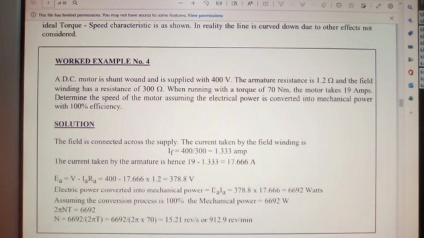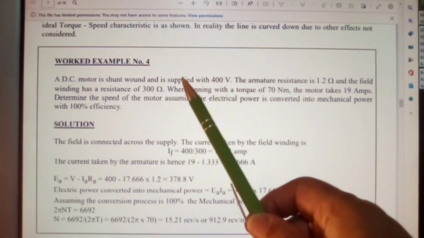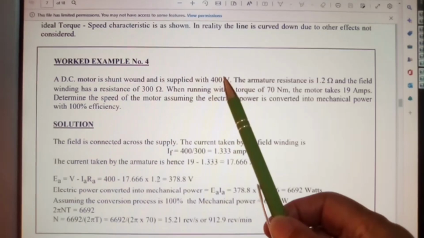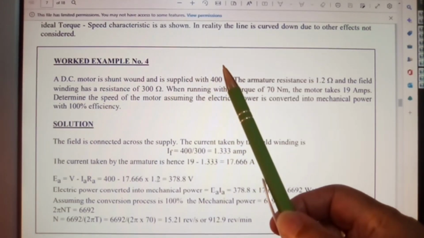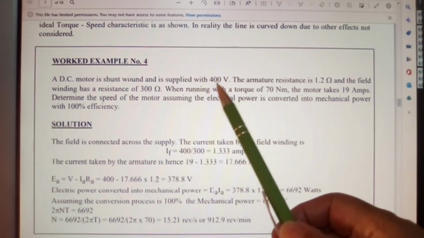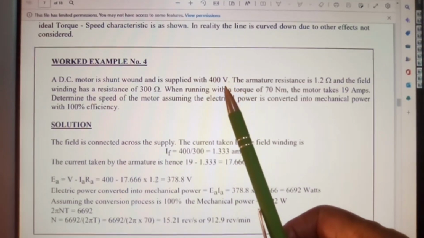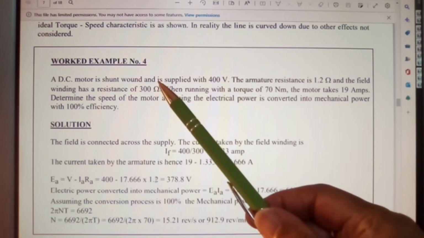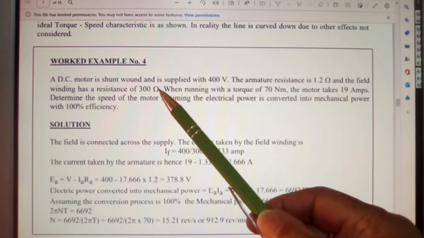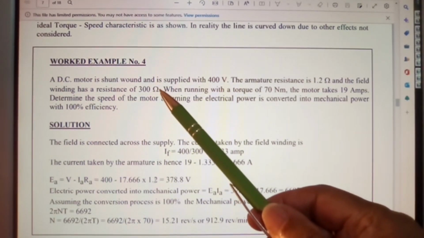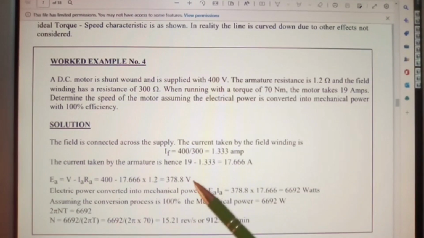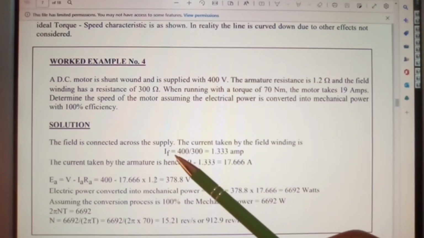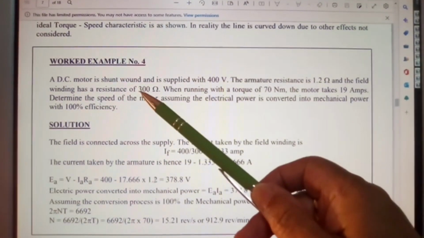Now why 400? Because 400 is the supply voltage. Why 300? Because I equals V over R, therefore I equals 400 over 300, and your 300 is here.